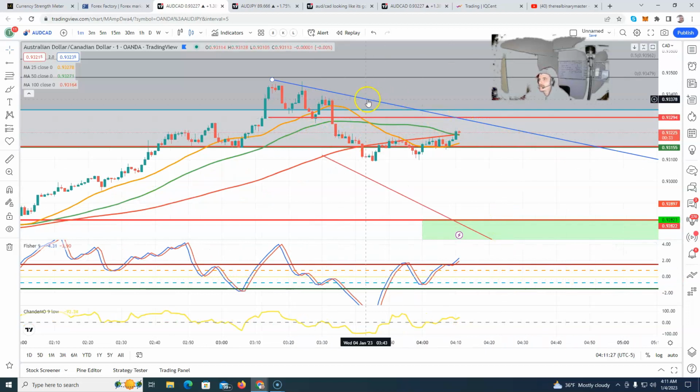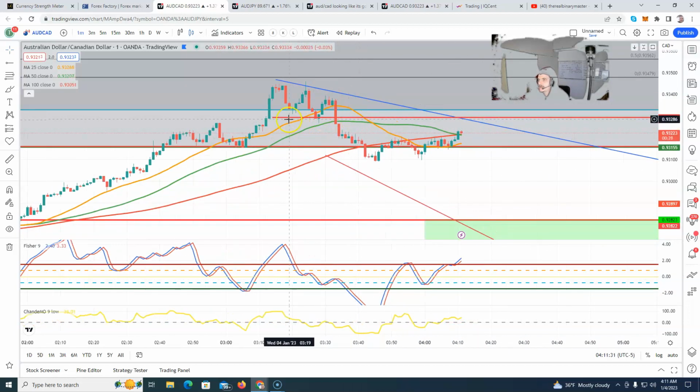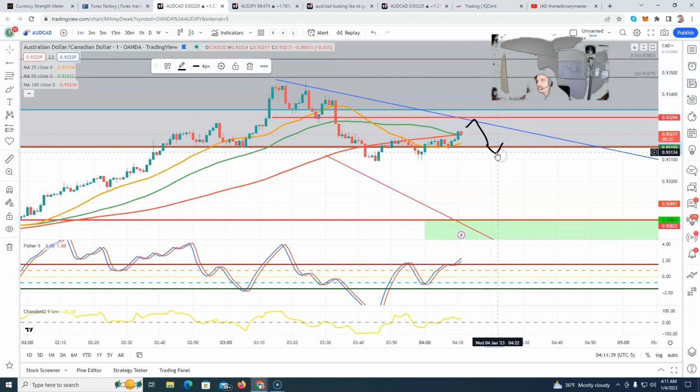Then we have confluence of a trend area plus a different market structure, a break of structure. So right within this region, if price pulls right up into here, I'm looking to take it down. That's going to be one entry we're going to be patiently waiting for.